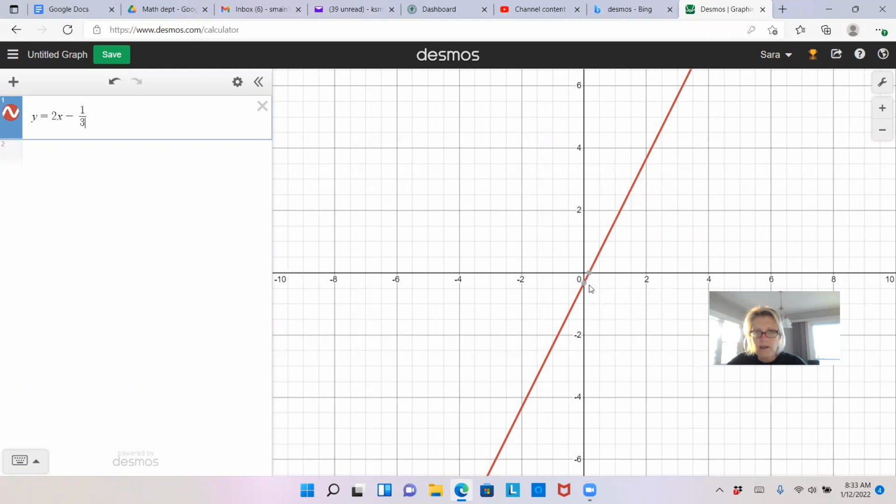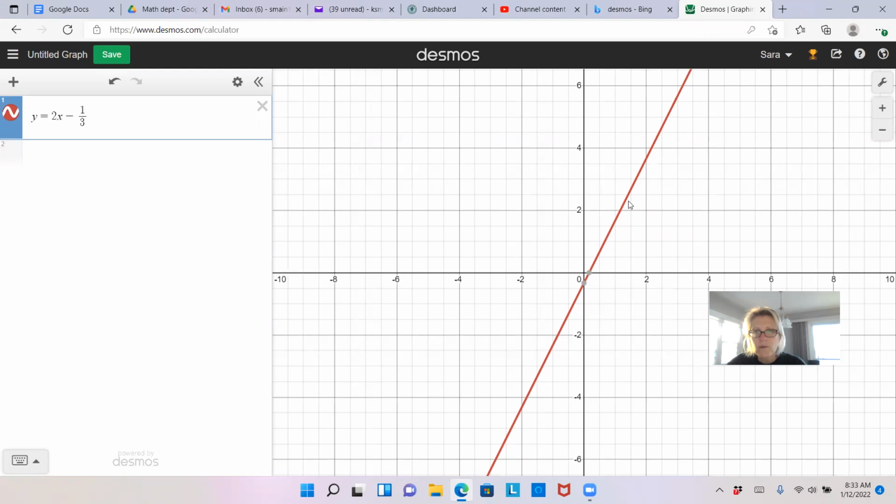nice coordinate. I don't think there are any because of the way it is. It's hard to find one that fits nice and easy. Perfect.